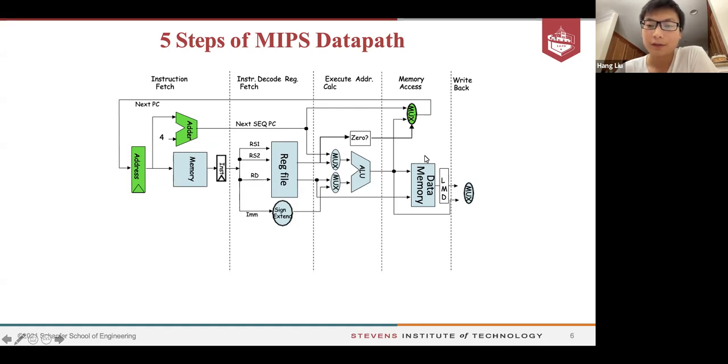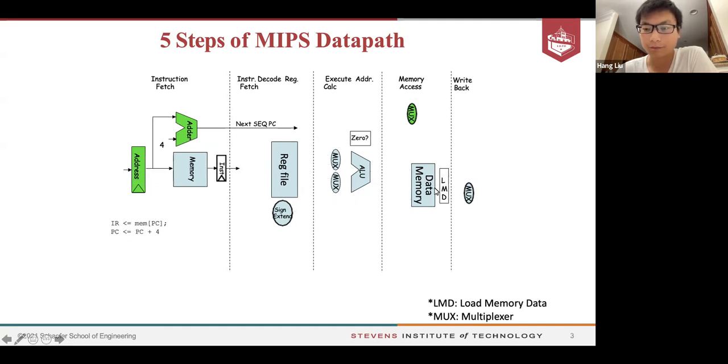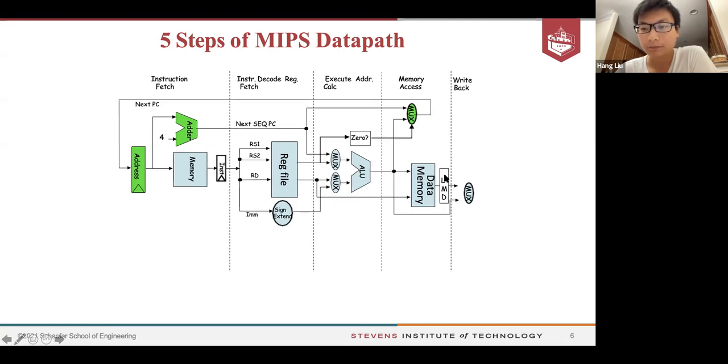The memory step is mainly for memory access, including load and store. So that's why we have the load memory. Let's see, what do we have? Load memory data here, right? And also in the memory access, we might also output the PC of the next instruction if it's a branch instruction.